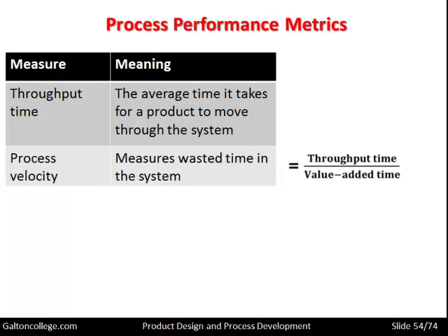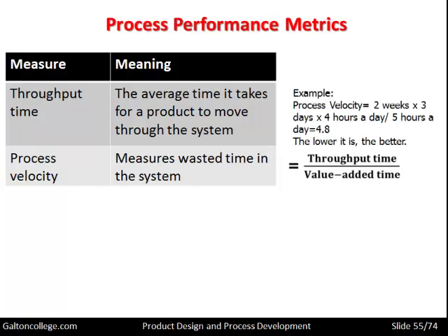The process velocity, it measures wasted time in the system. It's the throughput time divided by the value added time. For example, let's say work out the process velocity. Say it takes 2 weeks, 3 days, 4 hours a day to make something, or to make some batch. And let's say we got 5 hours value added time in a day.